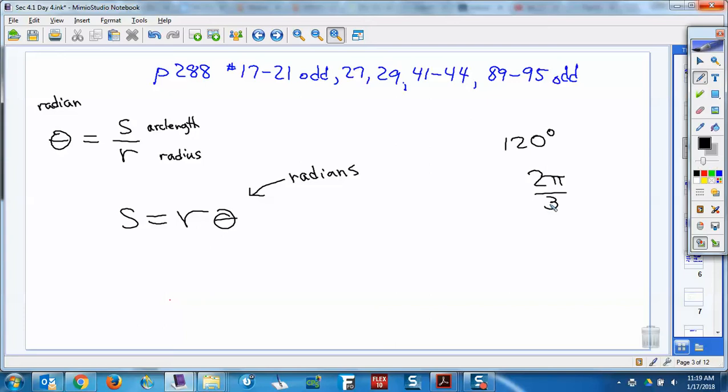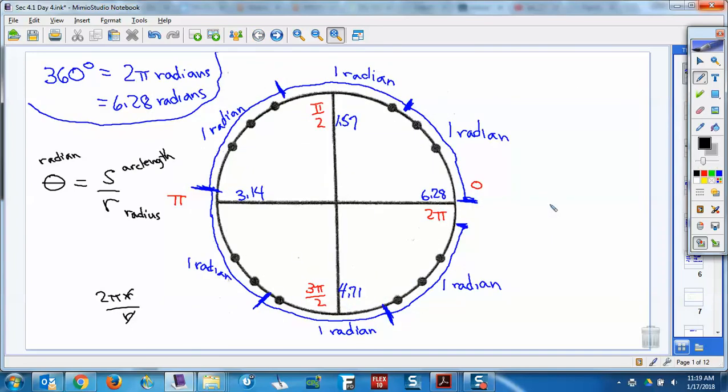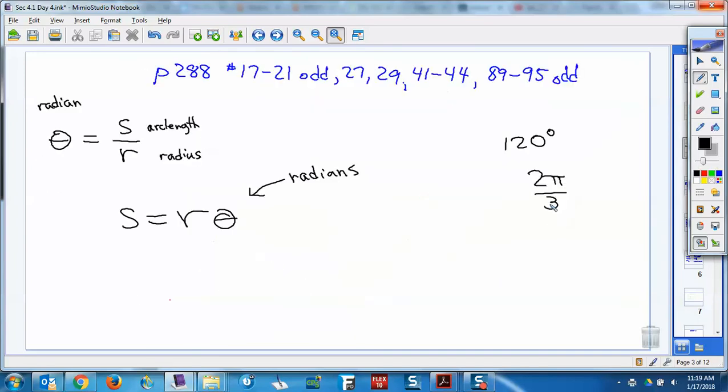Now, I've been doing this for so long that when I look at that angle, I'm seeing it as 2 60s. Remember I said memorize the first quadrant angles? So when I see 120, in my head I think of 2 60s. And I know that 60 is pi thirds, 180 divided by 3.